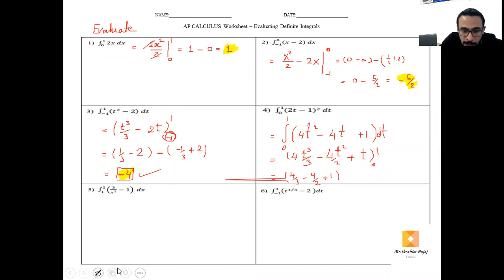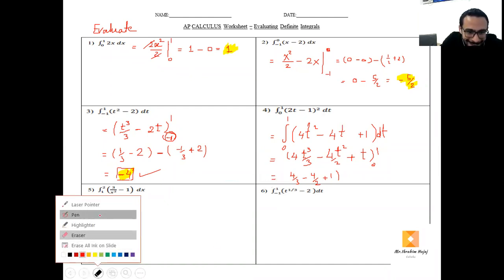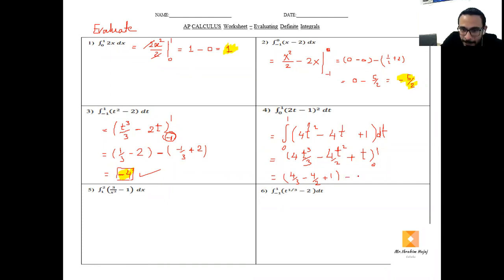The other parentheses will be 0, no need to do it when 0 is the lower limit. 4 over 3 minus 4 over 2 plus 1 will give you minus 1, so 4 over 3 minus 3 over 3, which is 1 over 3.